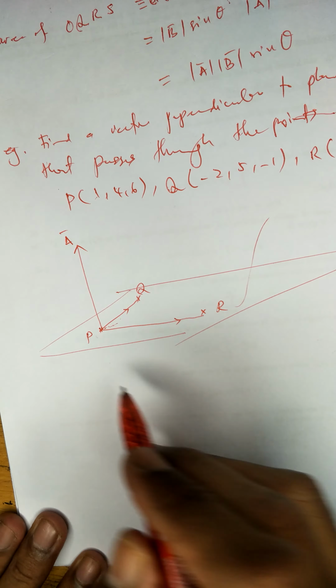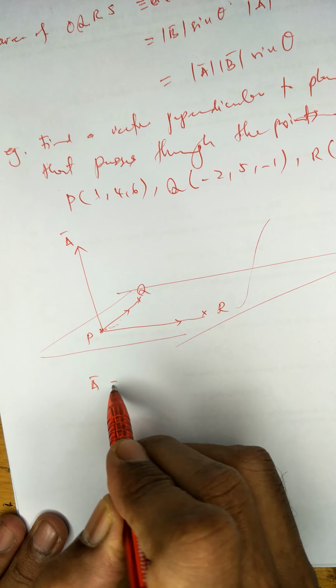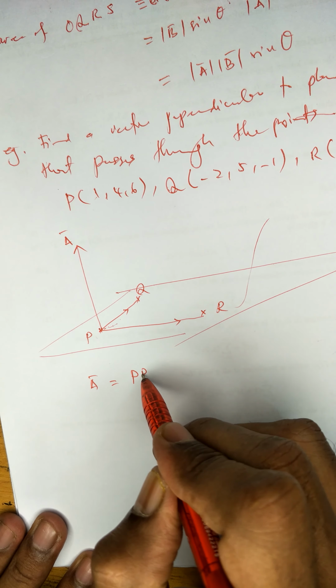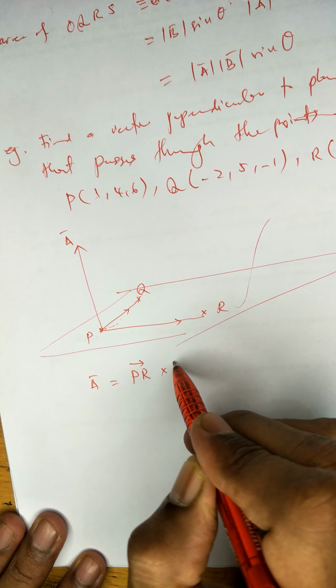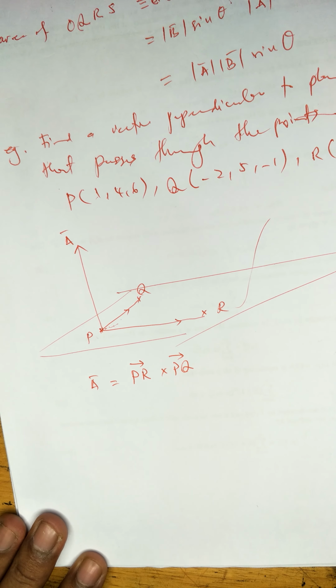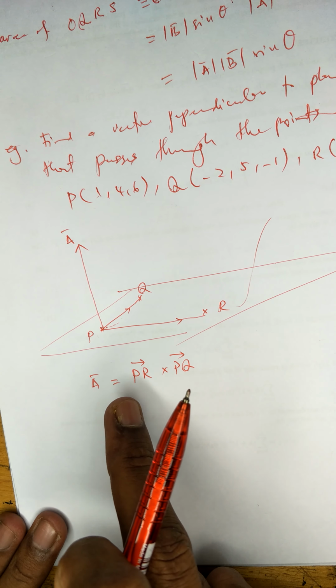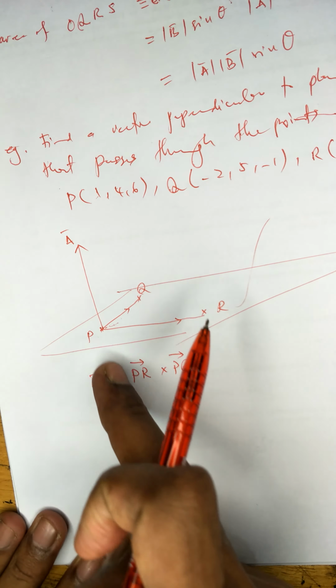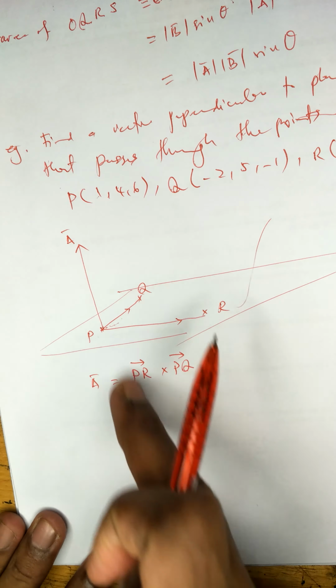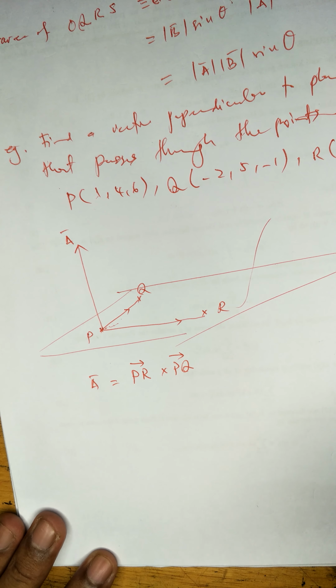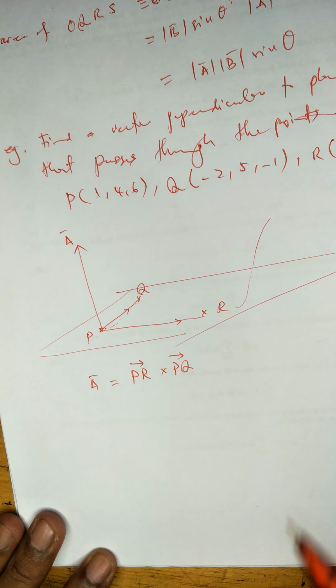So vector A you can find as PR cross PQ. If you put PQ cross PR, it should point to the negative side. But that doesn't matter, because what we want to find is not the direction of that vector, but the vector that is perpendicular to that plane.